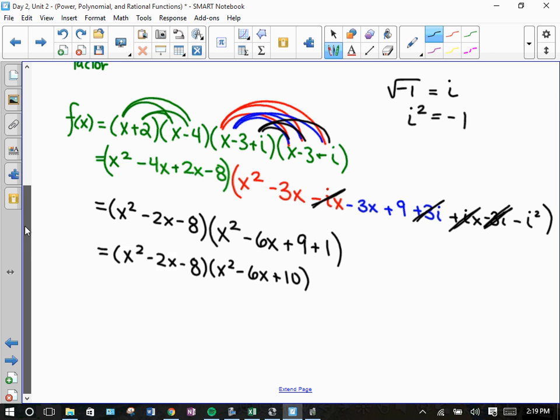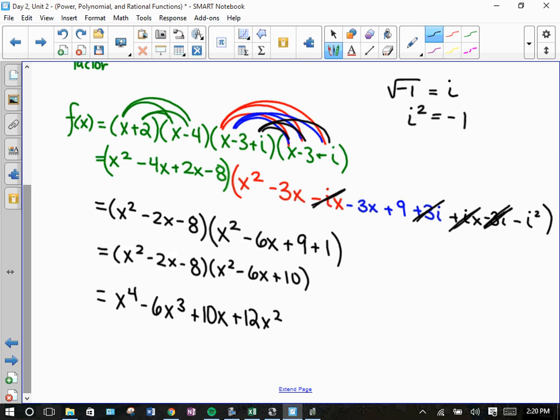And then the last thing that you would want to do is take this and expand it. Do I need to draw these lines if I talk it through? x squared times x squared, that's going to be x to the fourth. x squared times negative 6x is negative 6x cubed. x squared times positive 10, that's plus 10x. Negative 2x times negative 6x, that's positive 12x squared.